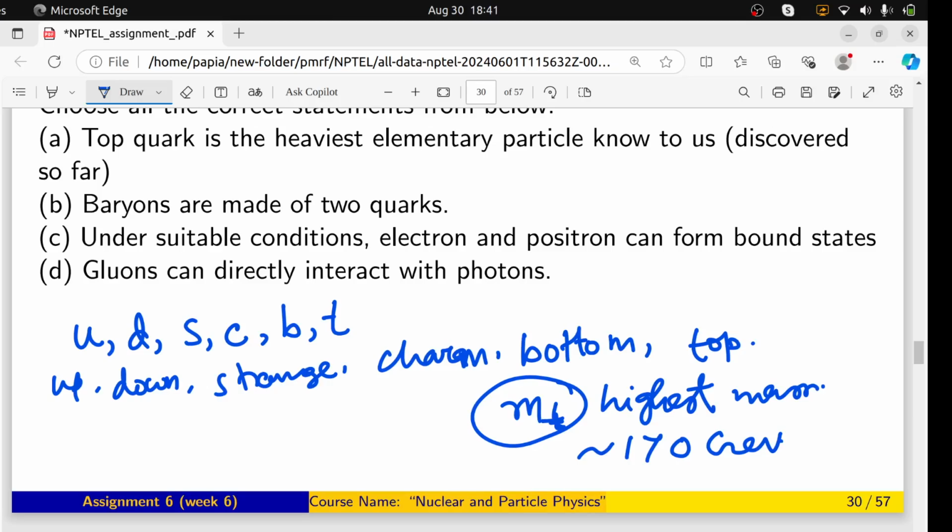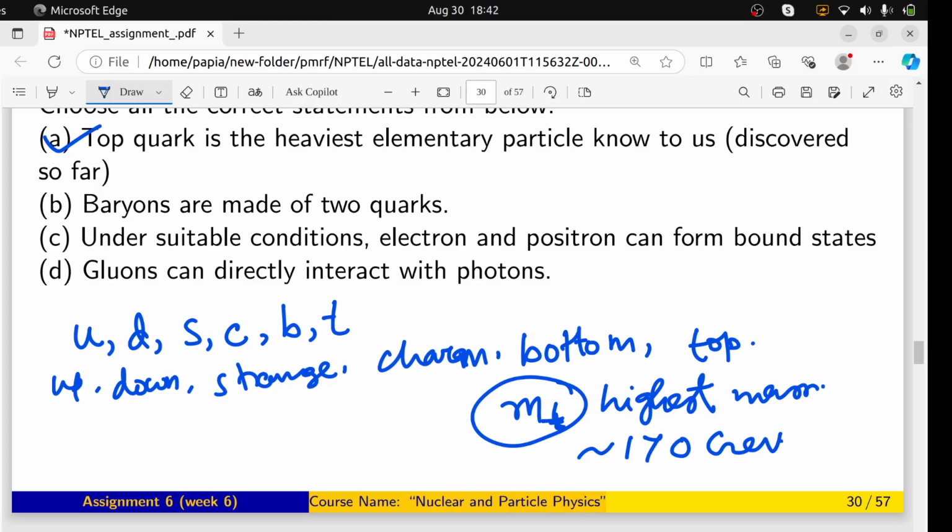Just check that one, but it's obviously the highest mass among all the other quarks as well as all the elementary particles known to us. So top quark has the highest mass. So this one is fine, correct.